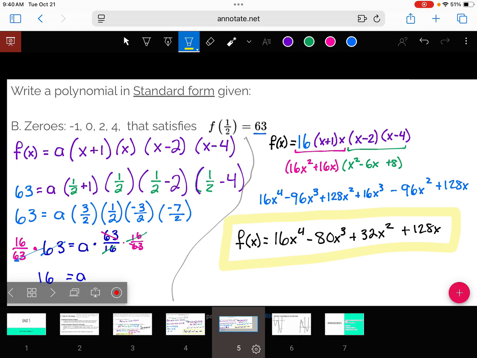Okay. Questions on these ones? Okay. Tomorrow we'll do 2 more like this, working off of pictures.